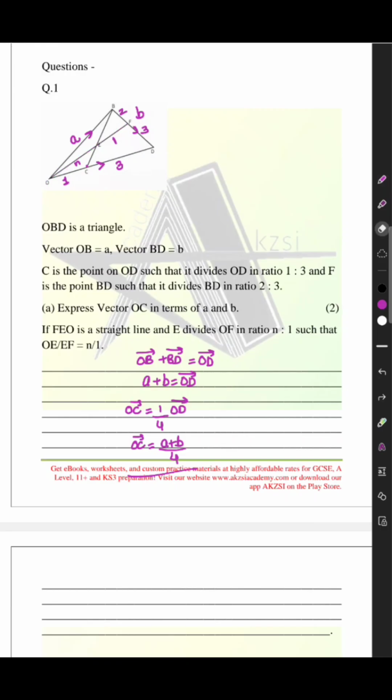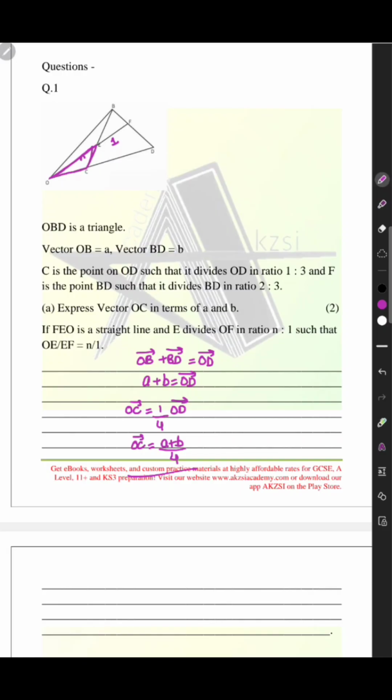So how do I get to know what I am supposed to do? Because they said you have to calculate the value of n, and n is this one, n to 1. So n is lying in this one.